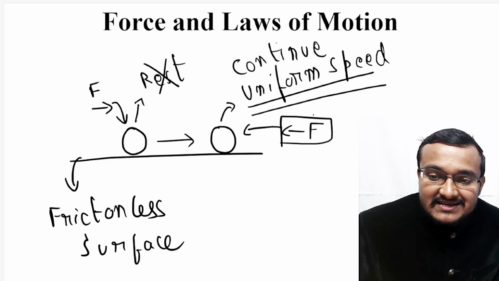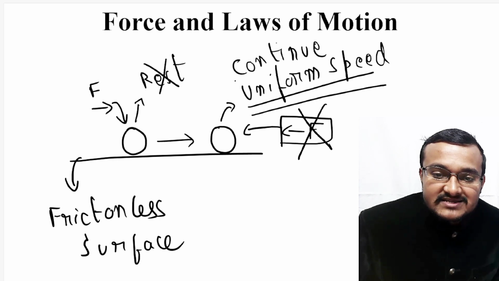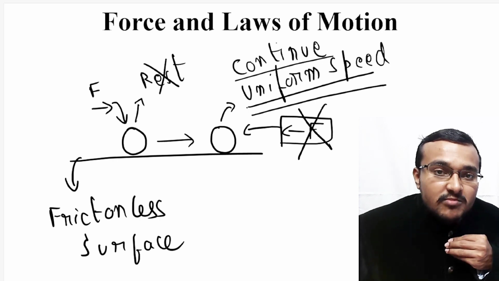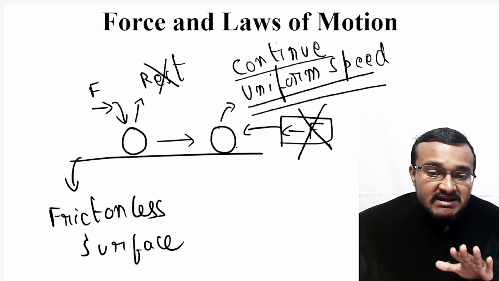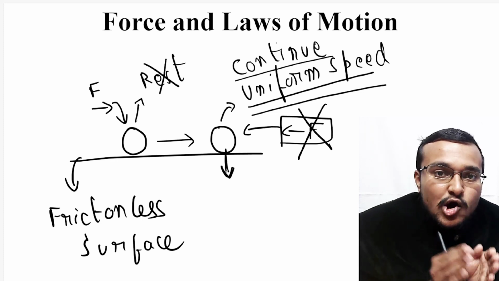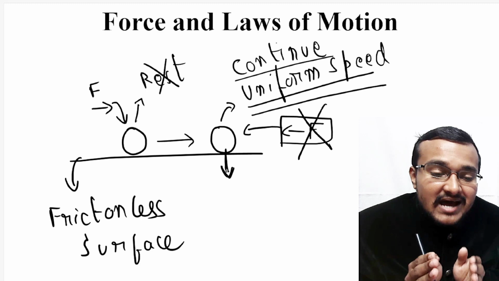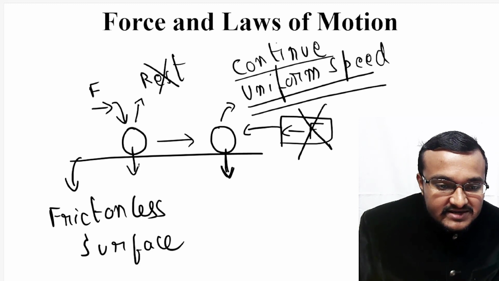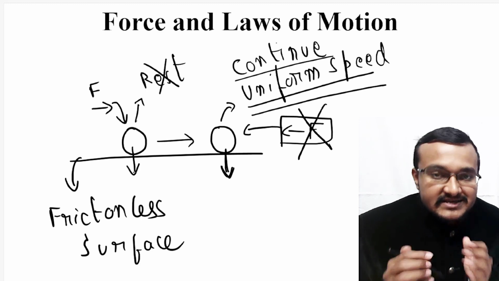If this force is not applied, then it keeps continuing in its uniform speed. That means in this state, it is having constant speed or uniform speed. And at this point, this object is at rest.